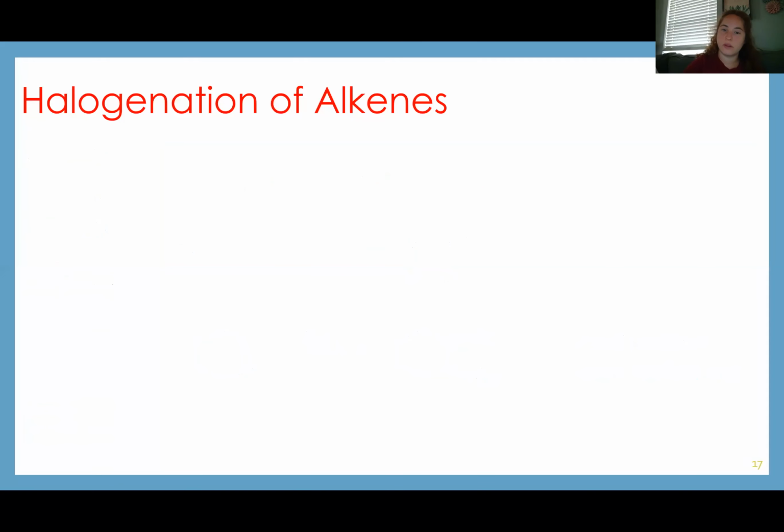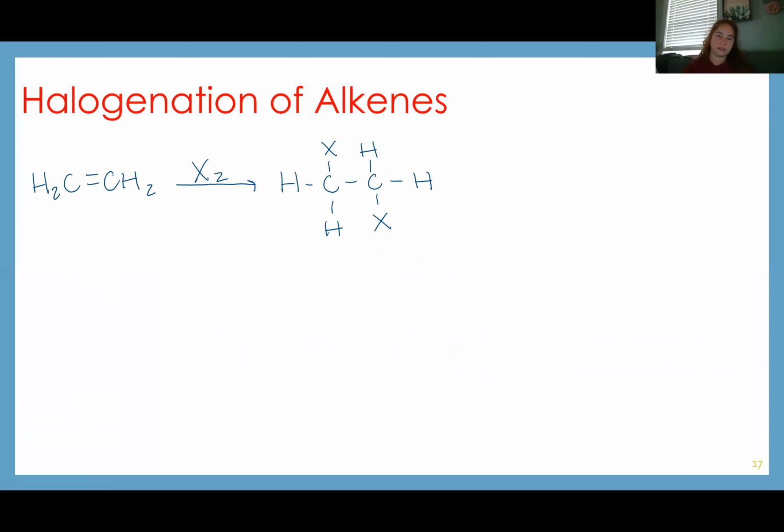Okay, so halogenation of alkenes. Halogenation is where you react with a halogen molecule. Remember that halogens are diatomic elements, so they exist as diatomic molecules.